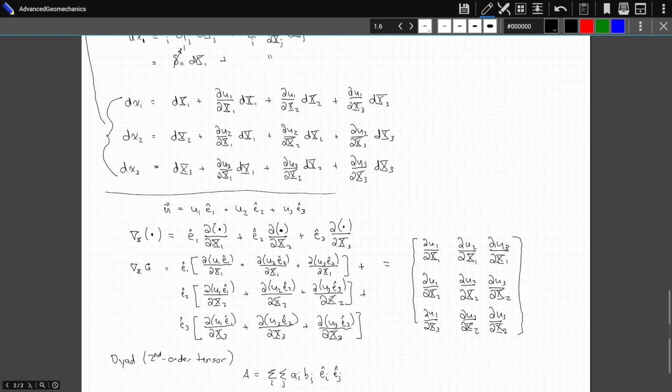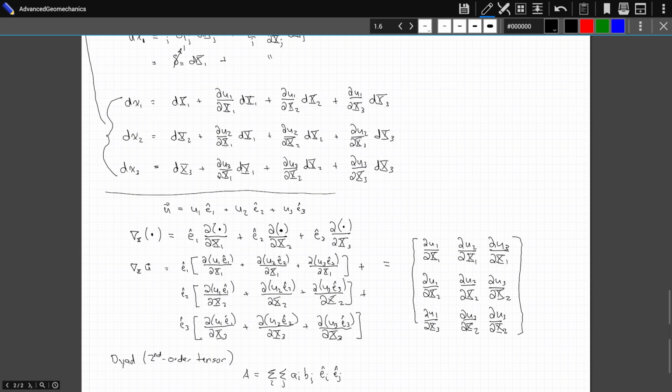And anytime you're looking at math, a good check is to make sure that you have the same order on the right and left-hand side of any equation, right? You can't have an equation that has scalars on one side and vectors on the other. So one simple check I always do is check the order of the terms on both sides of an equation.